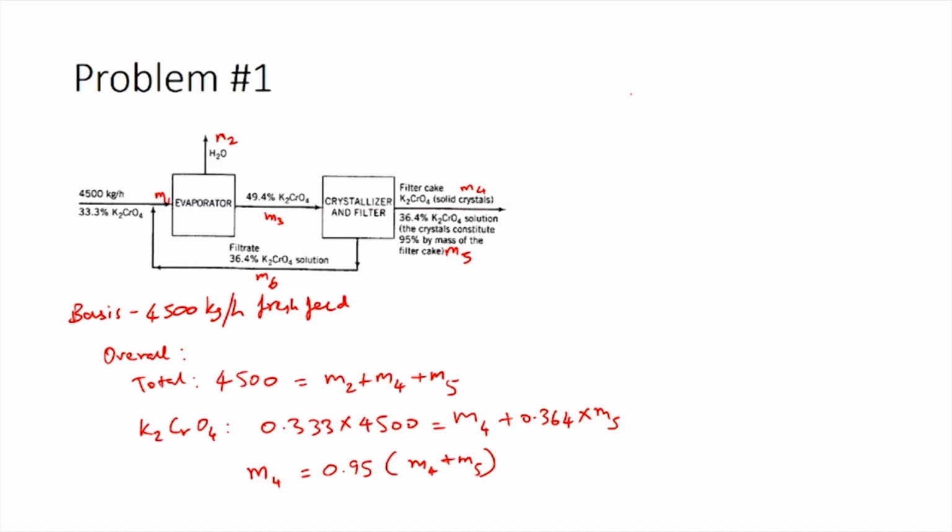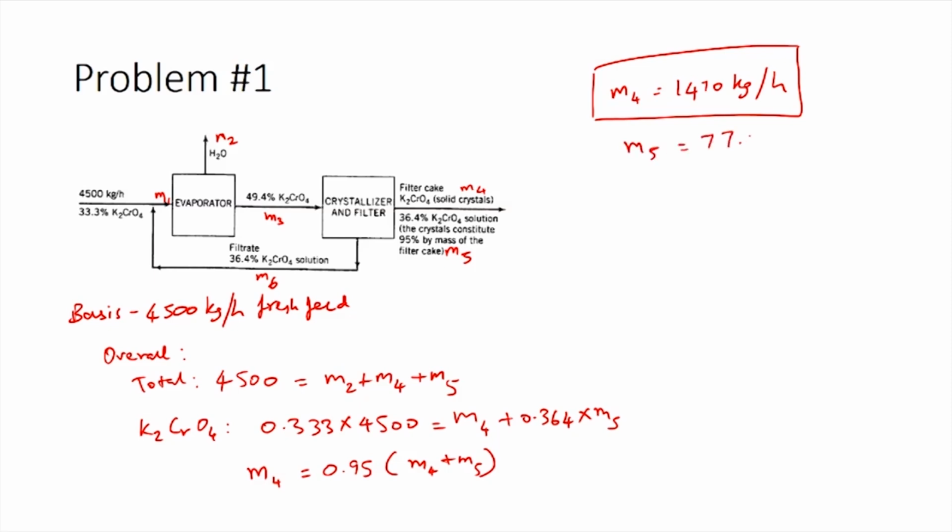So, M4 would be 1470 kilograms per hour. So, this is the rate of production of potassium chromate crystals, and from here we can also calculate M5 which would be 77.5 kilograms per hour. So, this is the amount of liquid accompanying the filter cake.